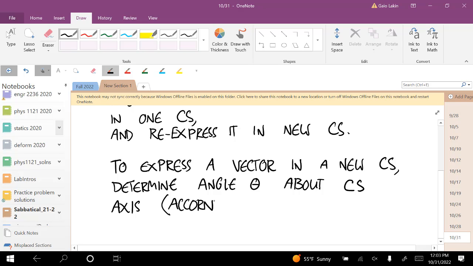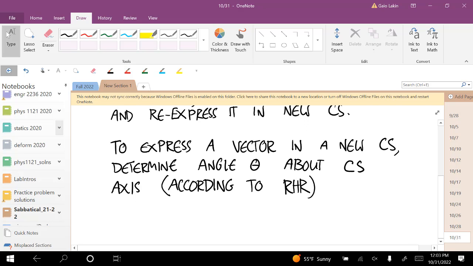So your thumb would be in the direction of the axis that you're rotating around. That takes the old coordinate system into the new coordinate system.